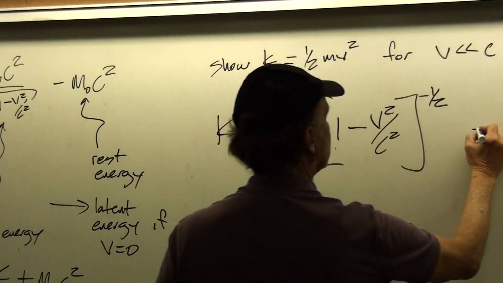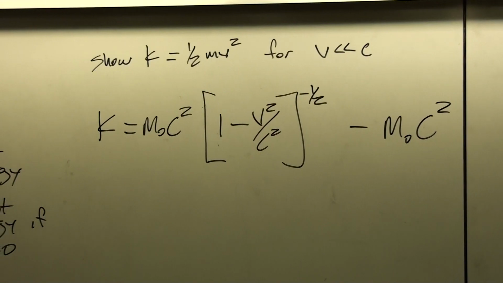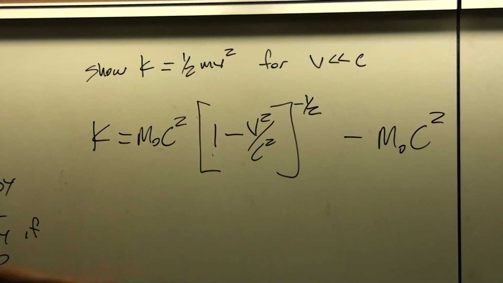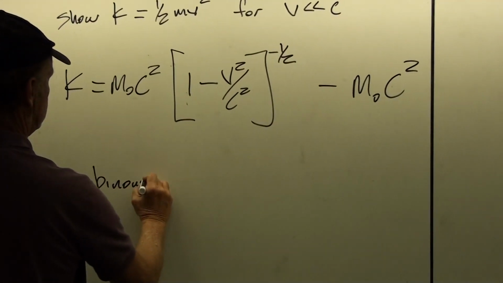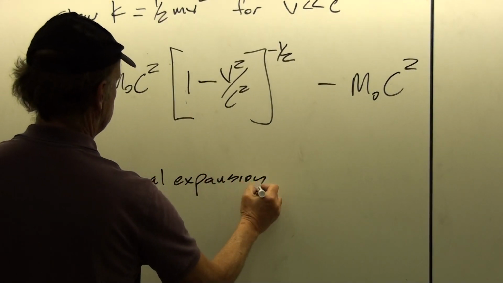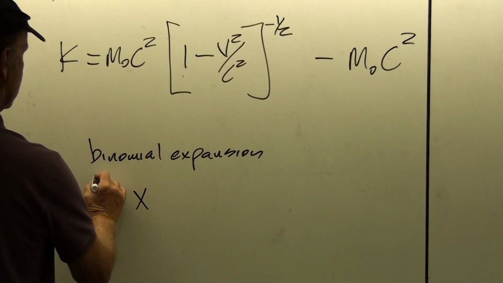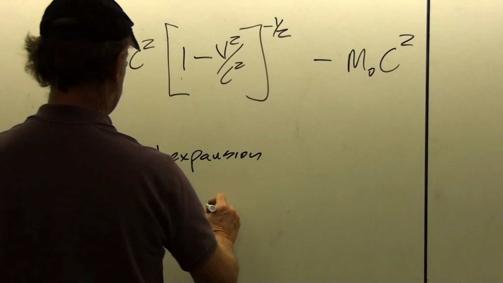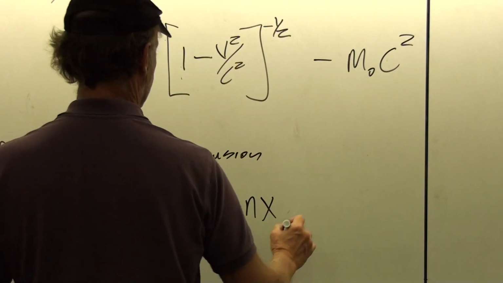And then we have minus m naught c squared. Okay, so I'm going to write it that way. And then what we can do is a binomial expansion here, where 1 plus x to the nth power is equal to approximately 1 plus nx for small x.